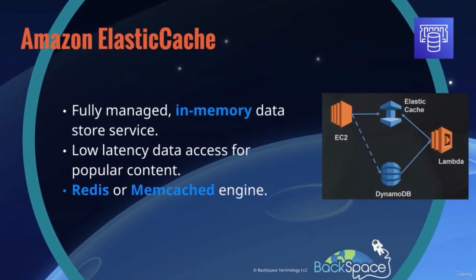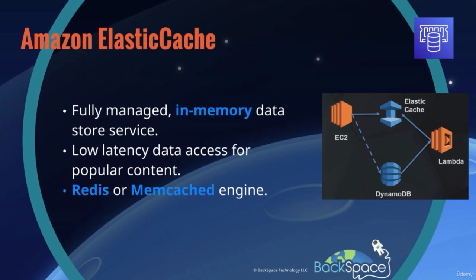Elasticache is a fully managed in-memory data store. So it provides really high performance, low latency data access for your content. The reason it does that is that it's accessing that data directly from memory. It's not going back to an SSD to collect that data. So the response rates are going to be very quick.